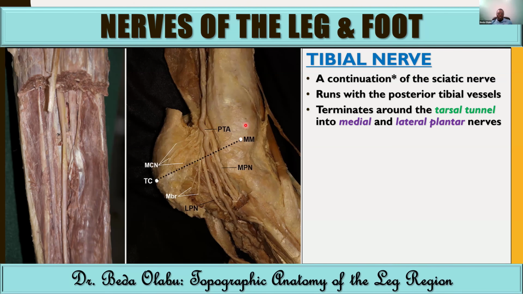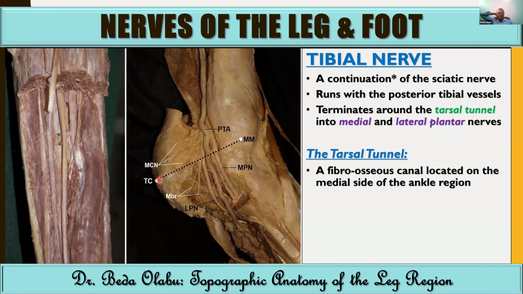This is the medial malleolus, that is the tuberosity of calcaneus. Maybe at this point we can talk about the tarsal tunnel. So tarsal tunnel is a fibro-osseous canal located on the medial side of the ankle region.